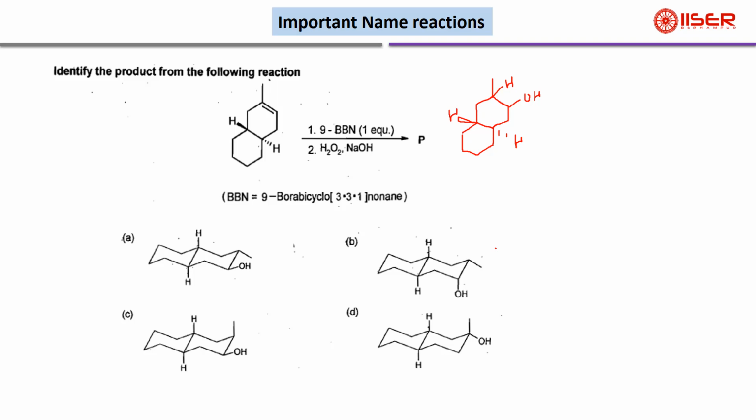But we have to draw this in the cyclohexane manner. So H will be here. There's a methyl group.